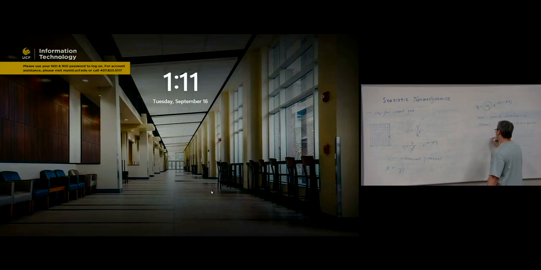Entropy equals k times ln omega, where omega is the number of microstates corresponding to a distribution. So this is the job we're going to do next time.